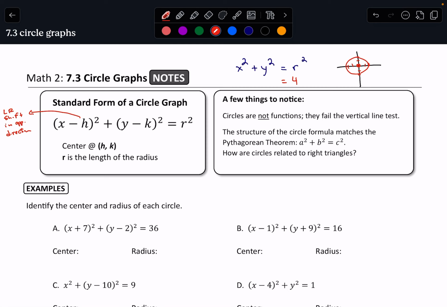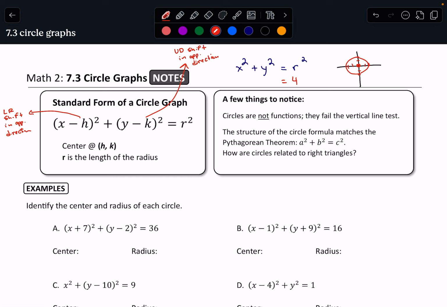Now, the number that's in there with the y, we call k, and that is also going in the opposite direction, but that's the up and down shift. So this is the up and down shift of your circle in the opposite direction. So unlike the other shapes, because it's inside with the square, it does go in the opposite direction, okay?